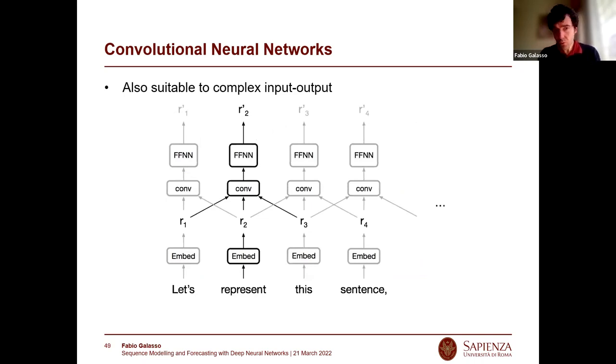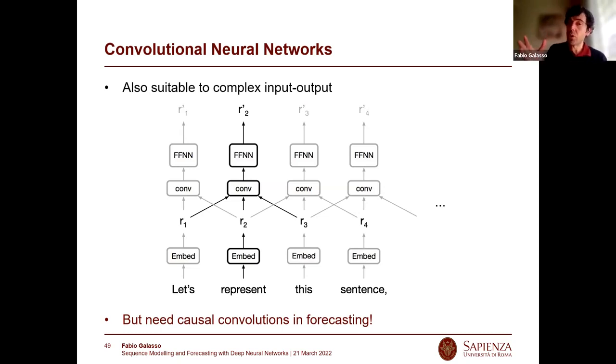This is another way to represent it. You can consider that you have a sequence. It can be a sequence of words, and the convolution takes some of these sequence embeddings and processes them. What we need to make sure, but this is just a small detail, is that this is causal, meaning that we always only consider things that are happening in the past.